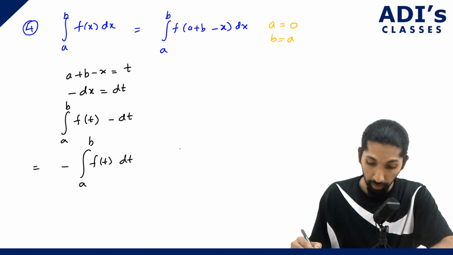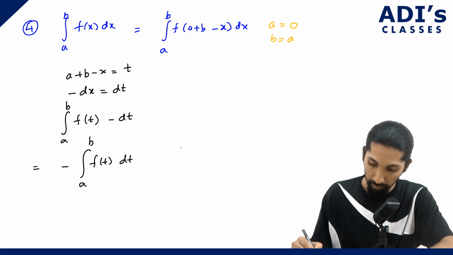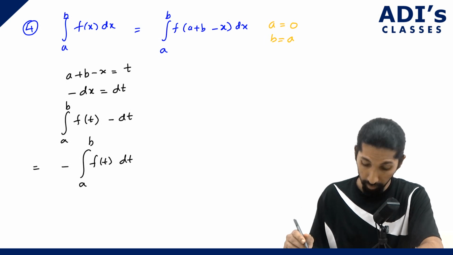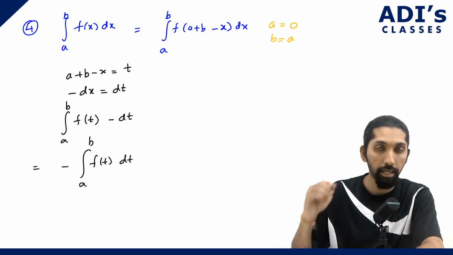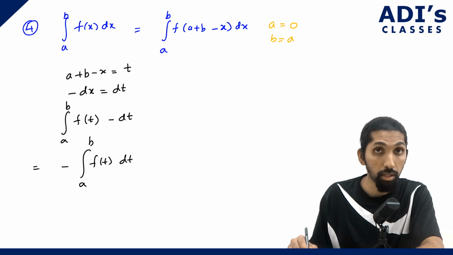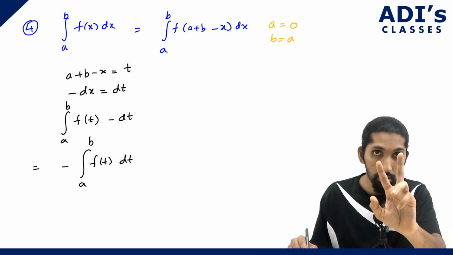So when you have f of a plus b minus x as this and minus dx is this, what we get is the integral of f of t from a to b with a negative sign, correct?